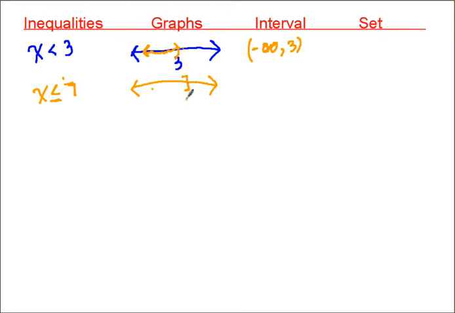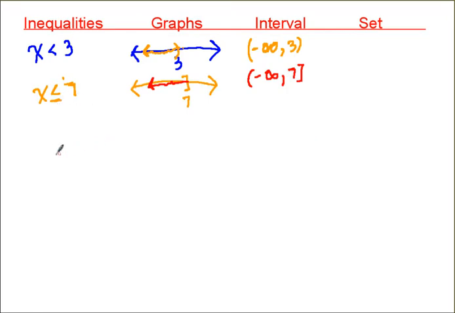We have a bracket at 7, and we would go to the left, and we would have our arrow going that way. Interval notation, very similar. Still have infinity. This time we have 7, but we have the closed bracket.